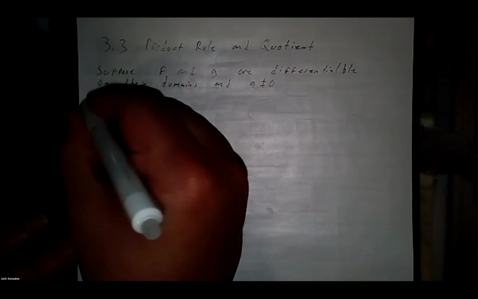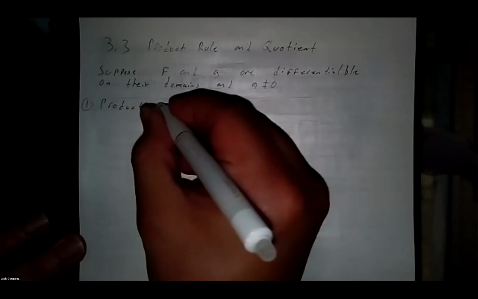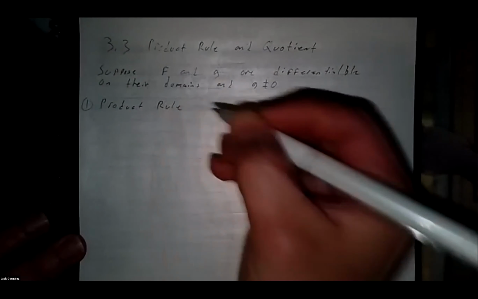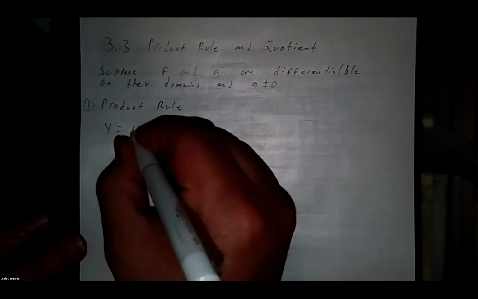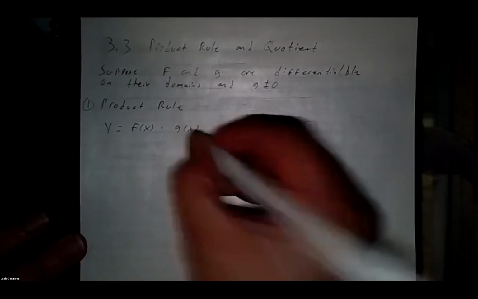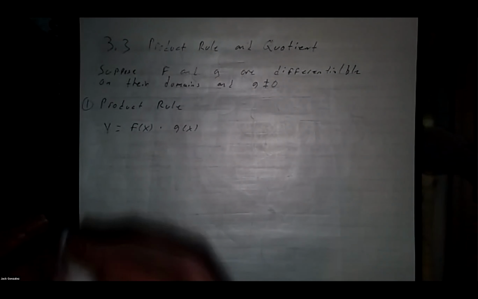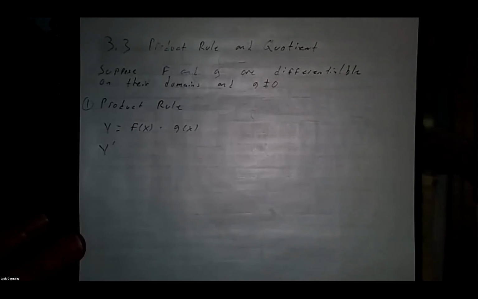So for the product rule, if you have two functions multiplied together, so suppose y is equal to f of x times g of x, and I want to take the derivative, y prime or dy/dx, same thing, right?